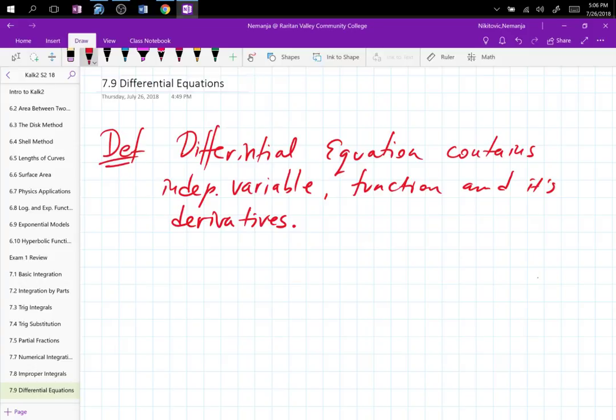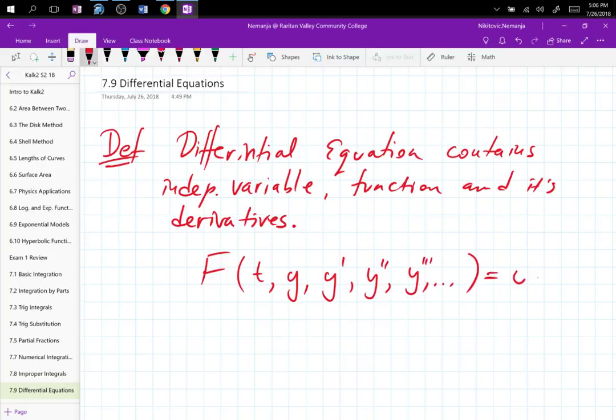The implicit way to write this is that the differential equation is some kind of a function of, let's say, t, y, y prime, y double prime, y triple prime, dot, dot, dot, equal to 0.